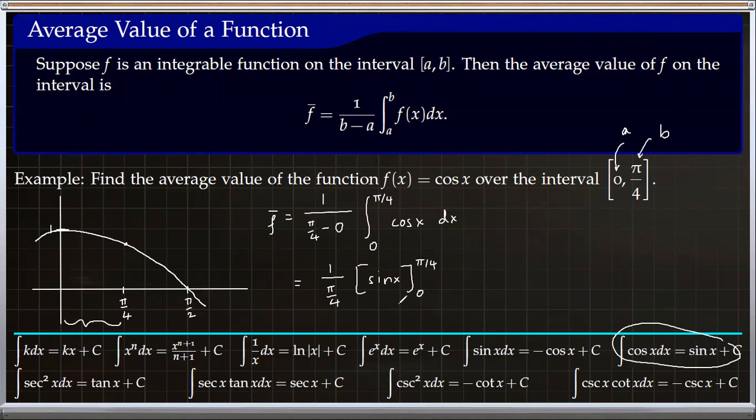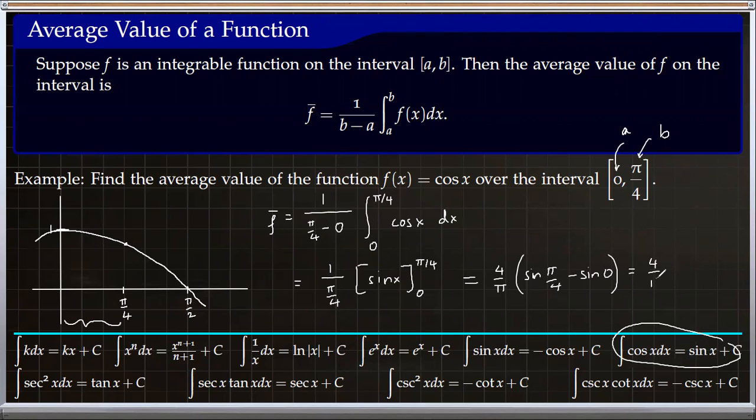So this becomes, I can flip this denominator here and make that 4 by pi. And over here, sine of pi by 4 minus sine of 0.